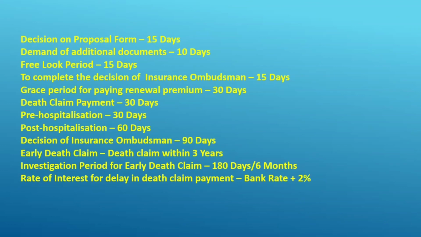Pre-hospitalization, 30 days. Post-hospitalization, 60 days. Decision of insurance ombudsman, 90 days. Early death claim, within 3 years. Investigation period for early death claim, 180 days or 6 months. Rate of interest for delay in death claim payment, bank rate plus 2%.